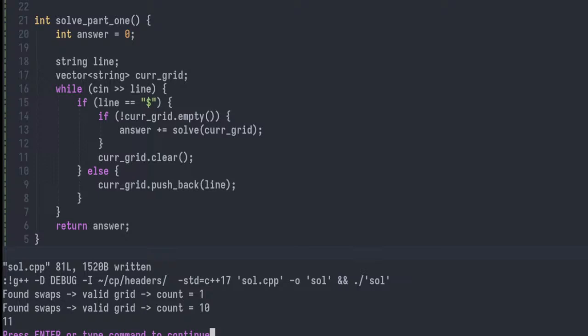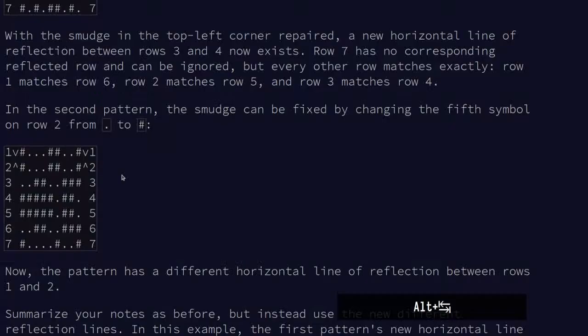For the second grid we found 10 different swappings.